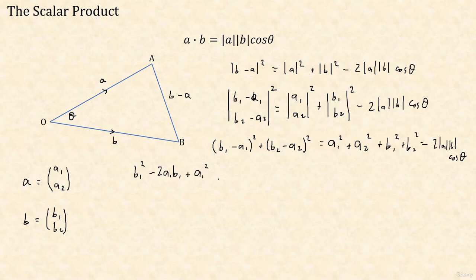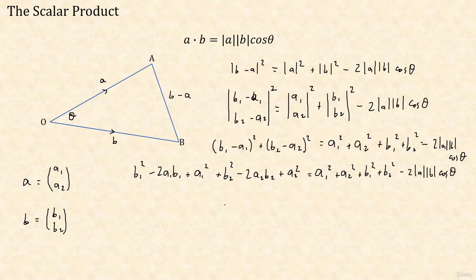That's the first bracket expanded. The second bracket expanded is b2 squared minus 2a2b2 plus a2 squared. That equals the right-hand side, which is a1 squared plus a2 squared plus b1 squared plus b2 squared minus 2 mod a mod b cos theta.